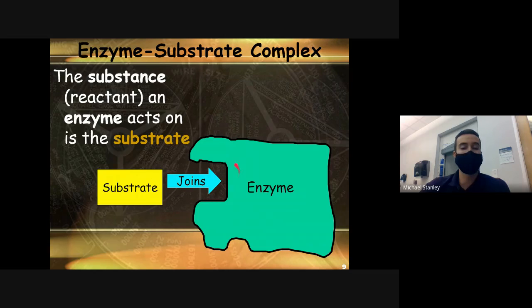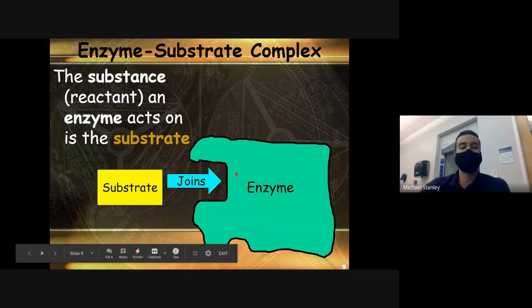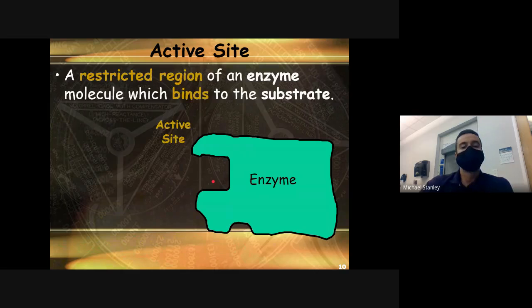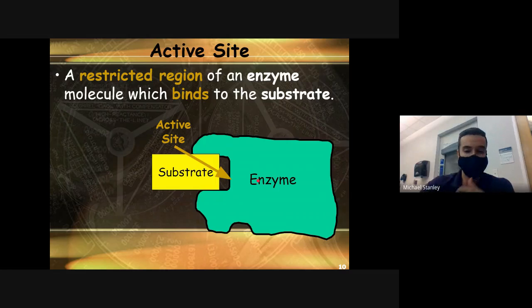It's going to fit right into the enzyme and form what's called the enzyme substrate complex, which is just a big fancy way of saying they're both stuck together for a little bit. The substrate is going to bind to the enzyme right at the active site.